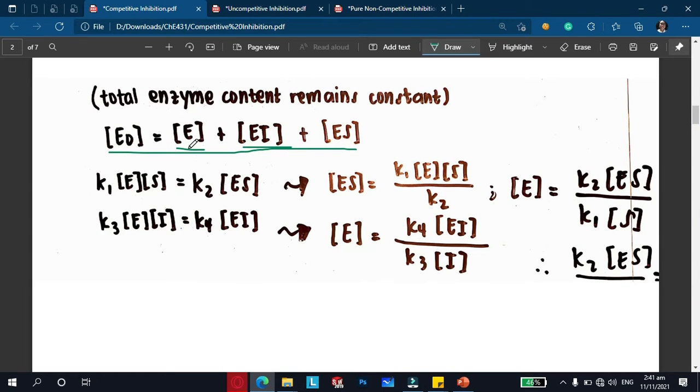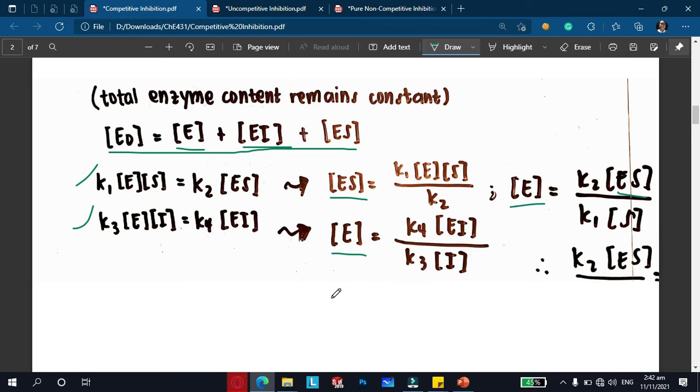And that is the use of our equations. So this is forward equals backward reactions for the two steps. And then we're going to transpose, so that we arrive at our ES term. Here, we see that there are two enzyme concentrations for the first two steps.